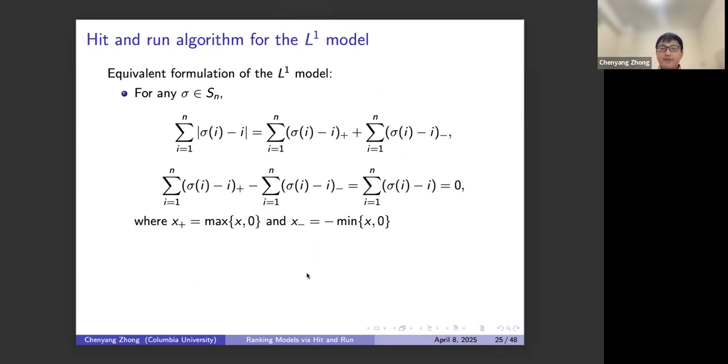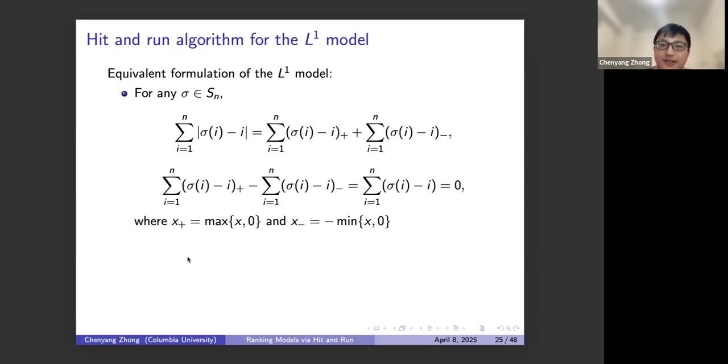And there is a similar hit and run algorithm developed for the L1 model. So earlier we were expanding the squares for the L2 model. However, for the L1 model, we have absolute values, so we cannot use the same trick. However, there is one thing we can notice, that is the absolute difference between sigma_i and i can be written as the positive part of this difference plus the negative part of this difference, where positive part and negative part are defined here.